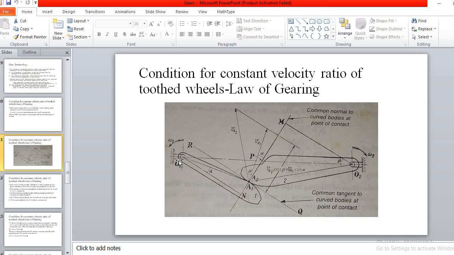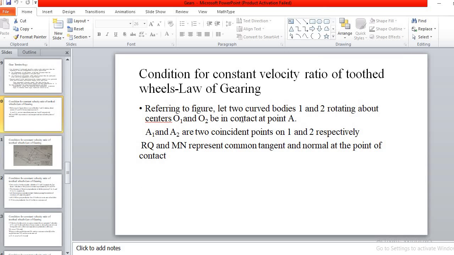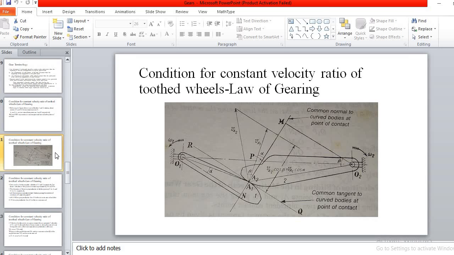This first part of the figure represents one tooth, and this part represents another tooth. We consider these two teeth as two curved bodies, and they are engaged to each other.